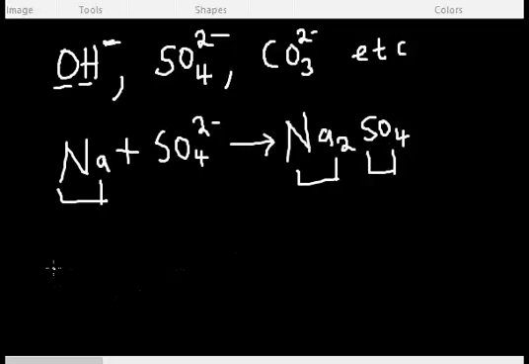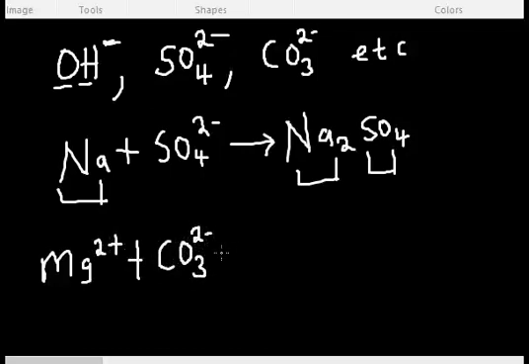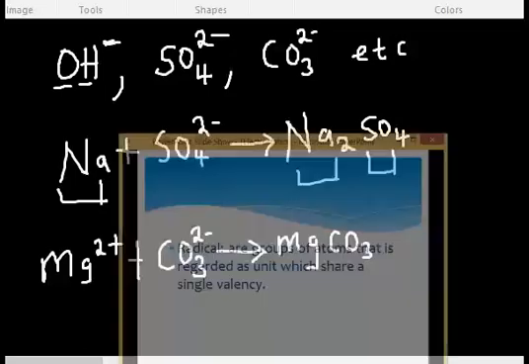For example, let's say you have magnesium, which of course is 2 plus, reacting with CO3 2 minus. Both of them have 2, so if I break down the ratio, that's going to be 1:1. So at the end of the day that's just going to be MgCO3. I hope that is well understood.